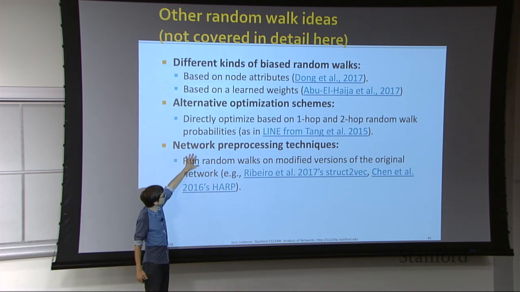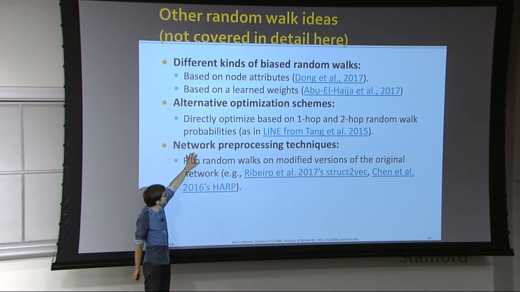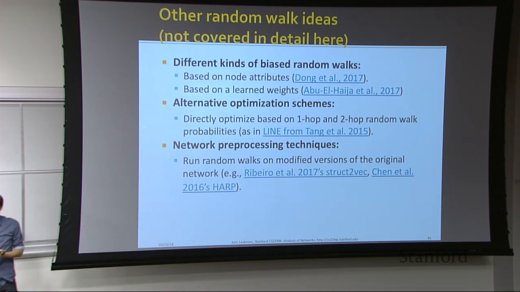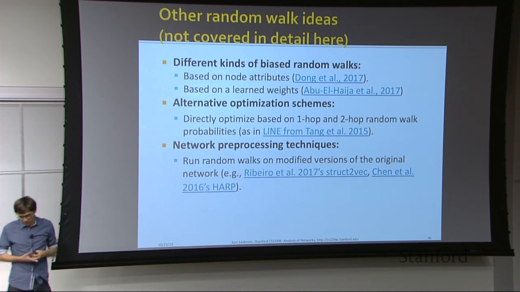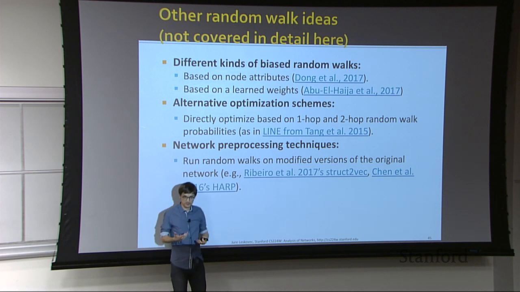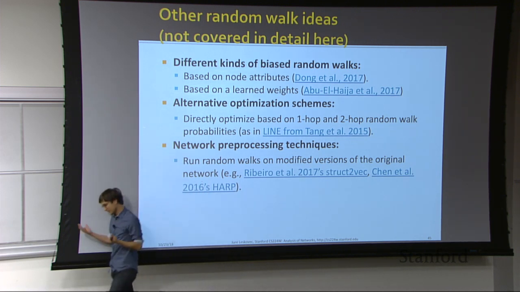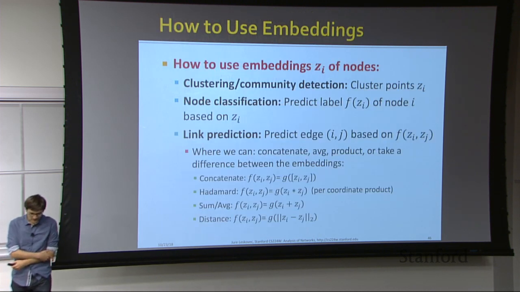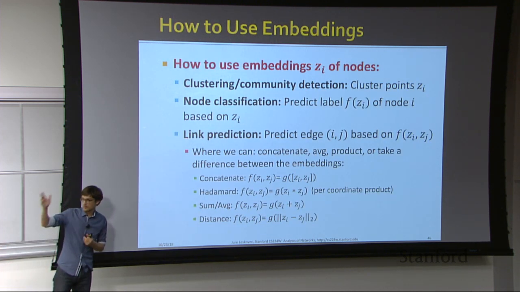And also what kind of network pre-processing techniques we want to apply so that the notion of network similarity is most appropriate for our application, okay? So there are a lot of different techniques that specialize further from what I said. What I want to quickly cover, or yes, I take your question.